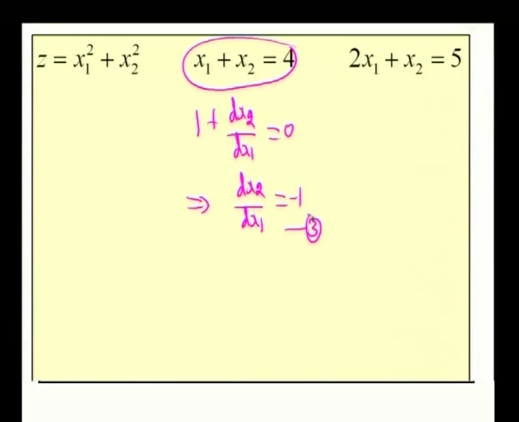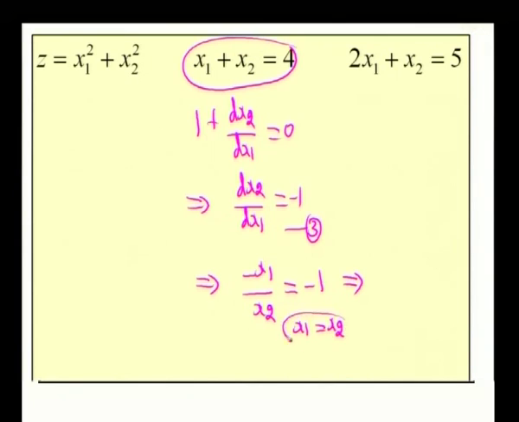Now, we already proved that dx2 by dx1 equal to minus x1 by x2, which is equation 1. So, using equation 3 in equation 1, the value from equation 1, minus x1 by x2, is nothing but minus 1. From this, we have x1 equal to x2.